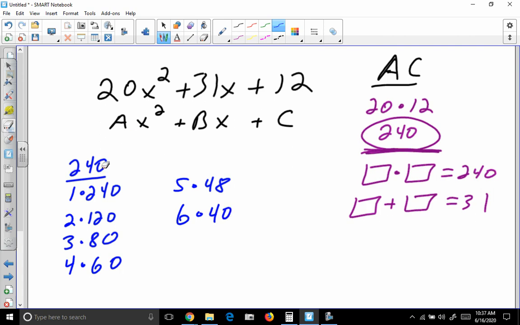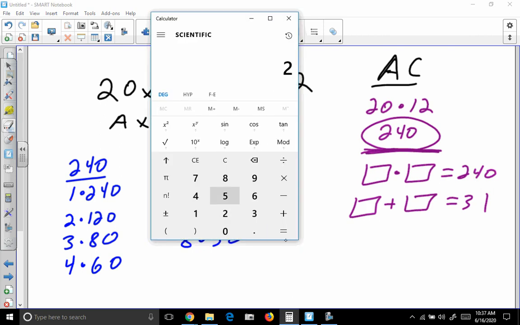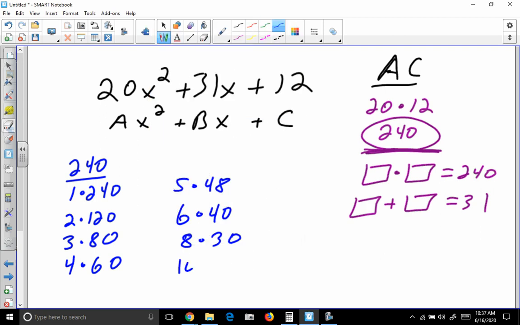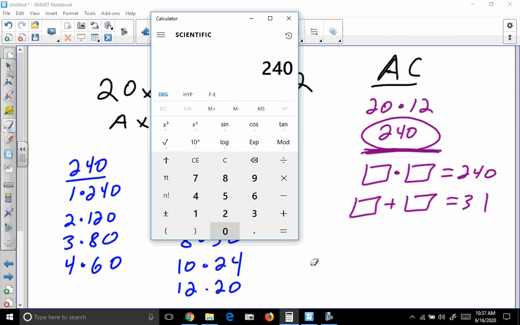7 doesn't go into it. What about 8? 8 goes into it 30 times, so that's closer to 31. Does 9 go into 240? It doesn't. 10 goes into 240. That's closer. 11 doesn't go into it. 12 goes into 240 the 20 times, but those add to make 32. 13 doesn't go into it.